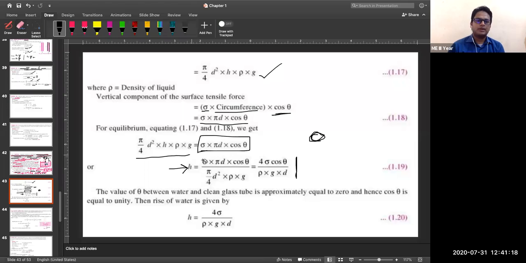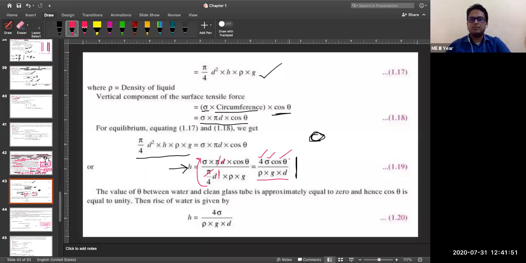When you equate it, you will get H equals 4 sigma cos theta upon rho into G into D. Here pi and pi will cancel out, d square will cancel out, and this 4 will go to the numerator. So what you will get is 4 sigma cos theta upon rho into G into D. This is the final formula that you have to remember for solving the numerical.